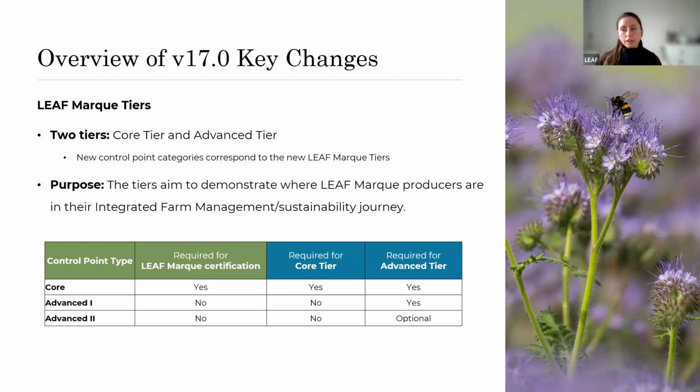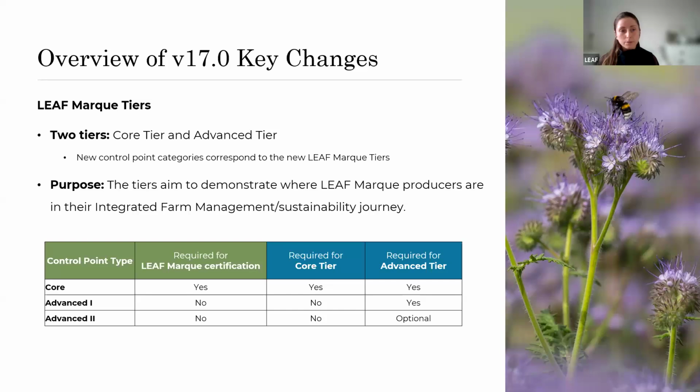So corresponding to these control point category changes is the introduction of a LeafMark tiering approach. So there will be 2 LeafMark tiers, a core tier and an advanced tier. And these tiers correspond to these new control point categories.